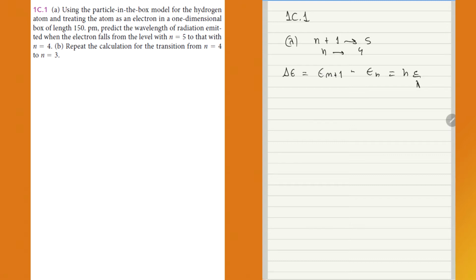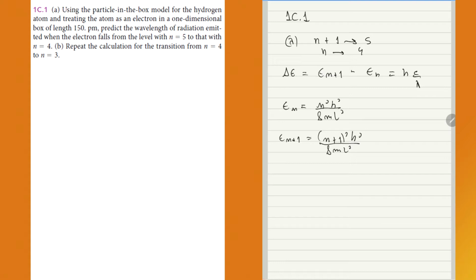And we also need to know the formula for the energy in a quantum level of a particle in a box. The energy of a particle in a box is equal to n squared h squared over 8 m L squared. The energy of sublevel n plus 1 is (n plus 1) squared h squared over 8 m L squared.